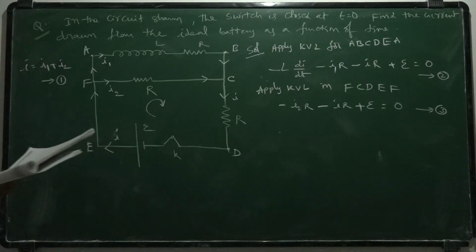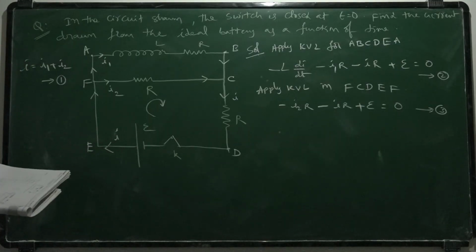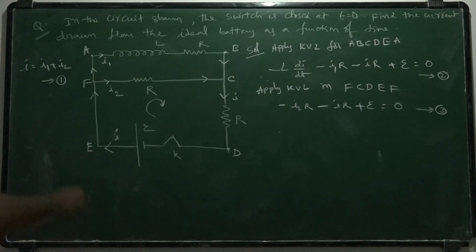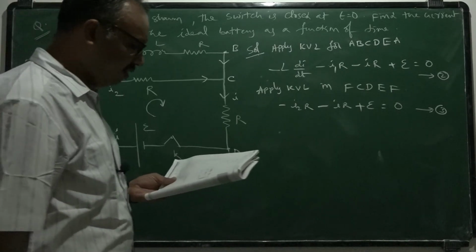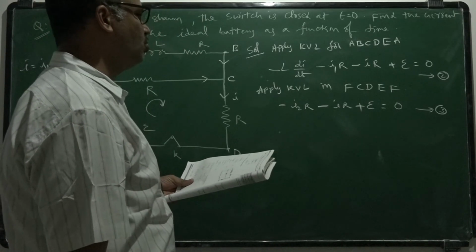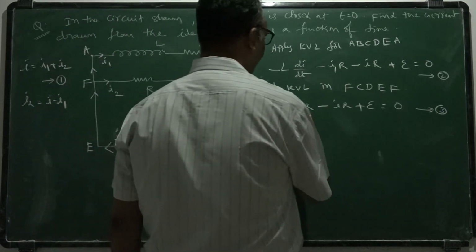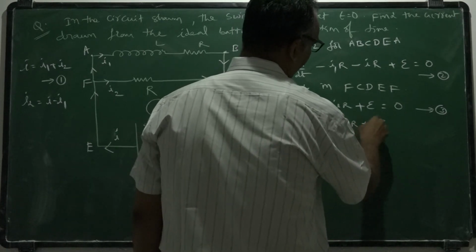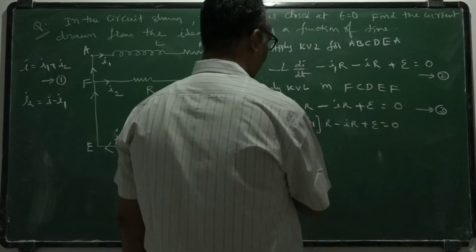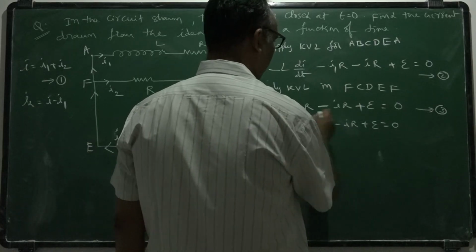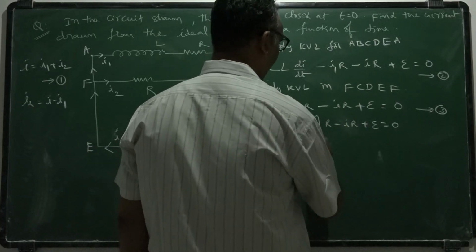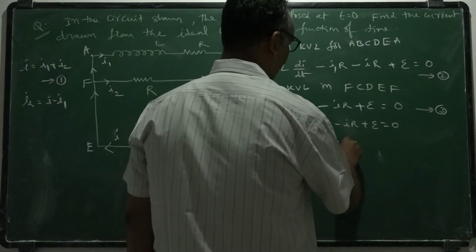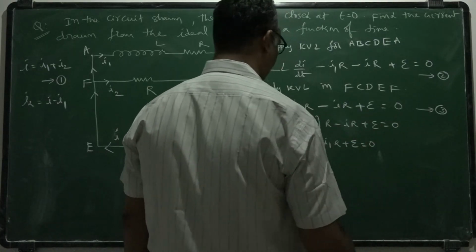Now, from equation 1, you can take the value of I2. I2 can be taken as I minus I1. Let me substitute it here. In the place of I2, I minus I1 into R, minus IR plus E is equal to 0. Minus IR, again minus IR, so minus 2IR plus I1R plus E is equal to 0.